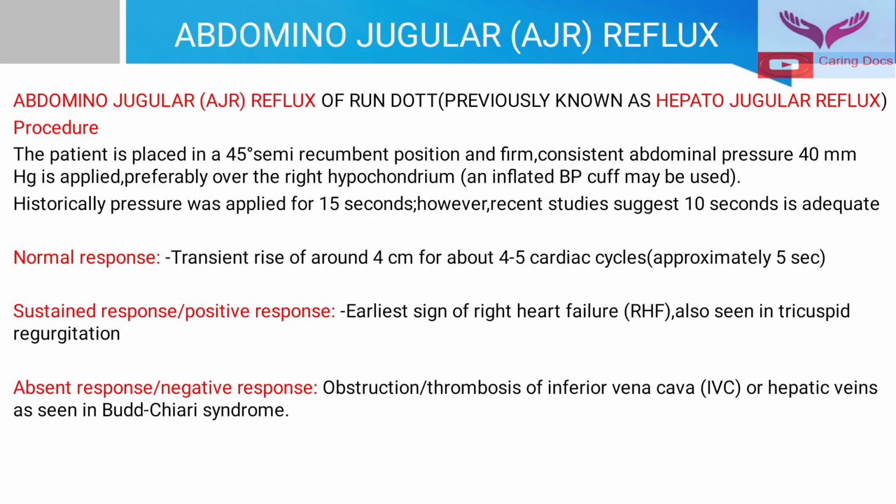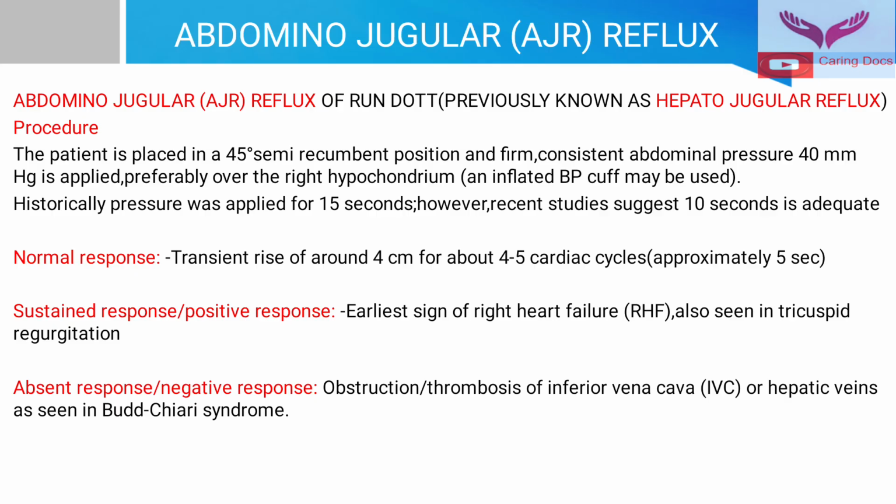The normal response is a transient rise of about 4 centimeter lasting 4 to 5 cardiac cycles, meaning a transient rise of the JVP by 4 centimeter for about 5 seconds.